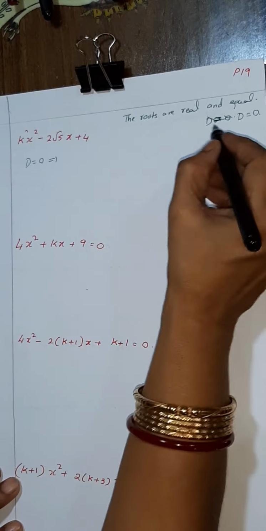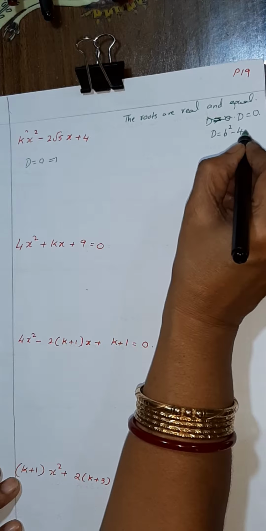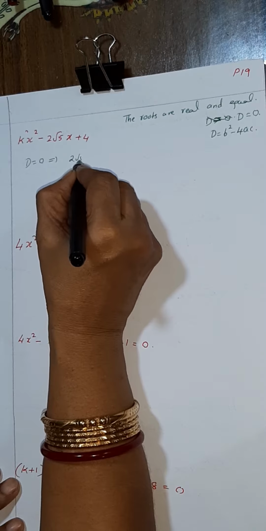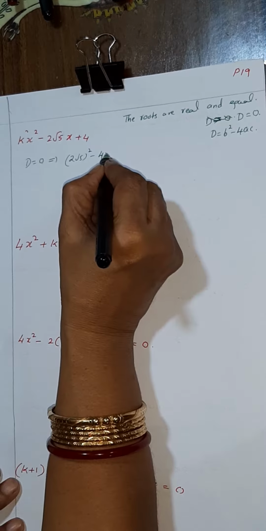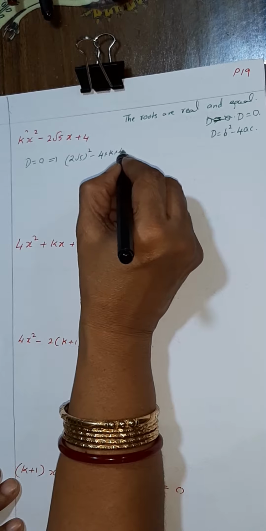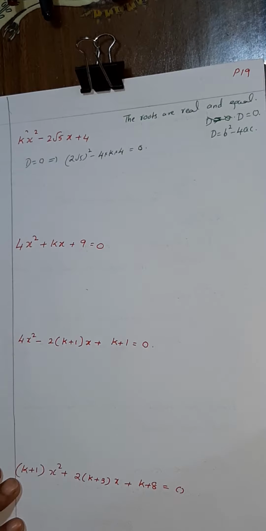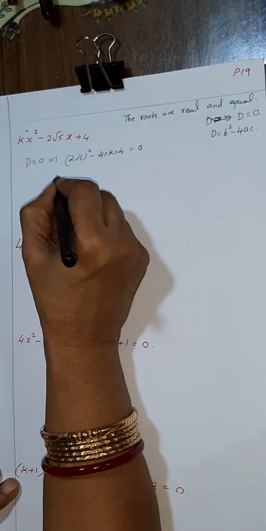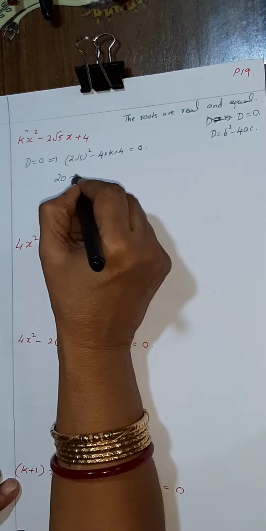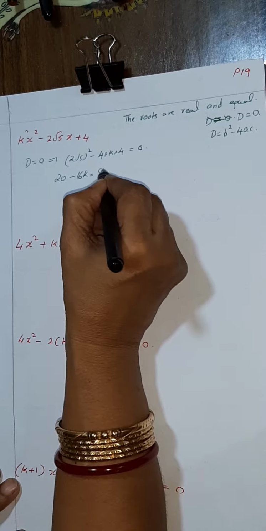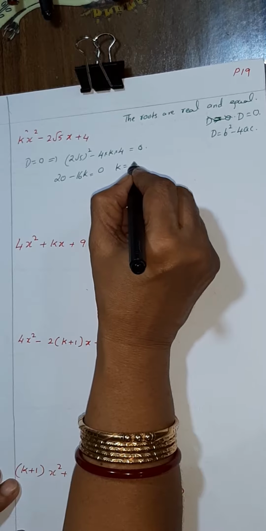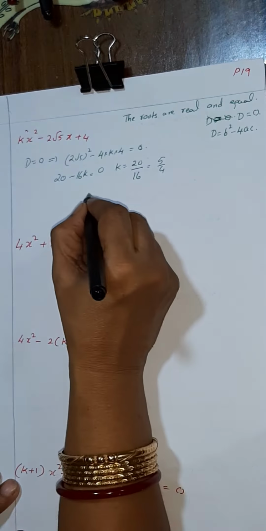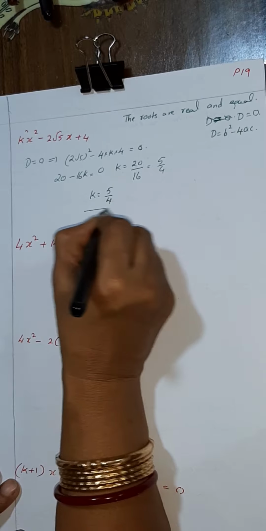So d is b squared minus 4ac. So b squared is 2 root 5 the whole squared, minus 4 into k into 4, is equal to 0. So 2 into 2, 4, 4 into 5, 20 minus 16k is equal to 0. So k is equal to 20 by 16, that is 5 by 4. So k is equal to 5 by 4.